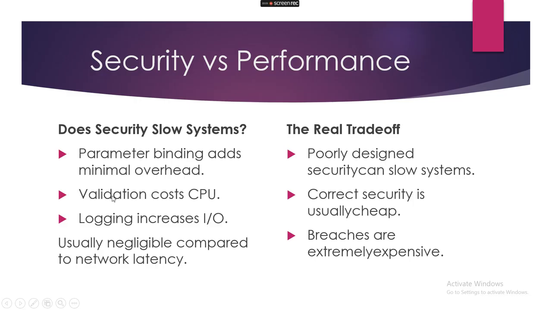Validation costs CPU processing, which is additional processing time, and logging also increases input output, because you need to write to the logs and then continue whatever you are doing. This will slow your system down, but again, it is negligible compared to network latency.